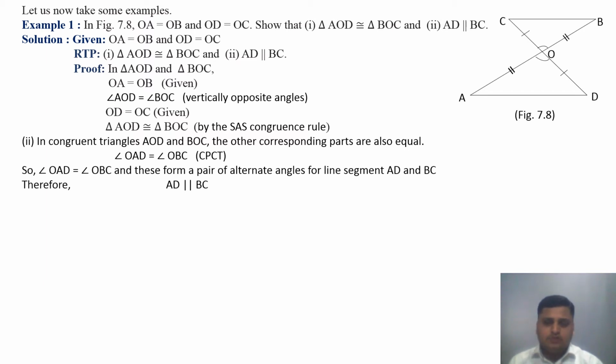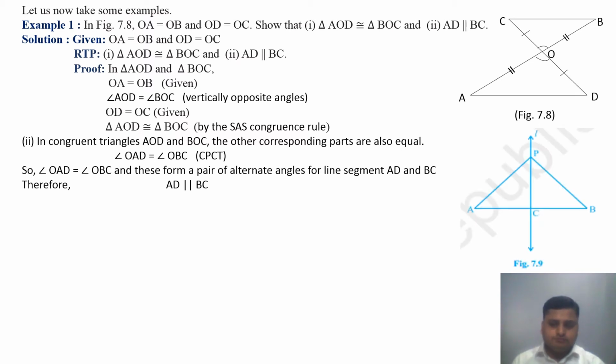And what type of angles are these two? These two angles are alternate angles. So if a pair of alternate angles are equal, it means the two lines are parallel. That is, AD is parallel to BC. That's why we said AD is parallel to BC. Is it clear to all of you?